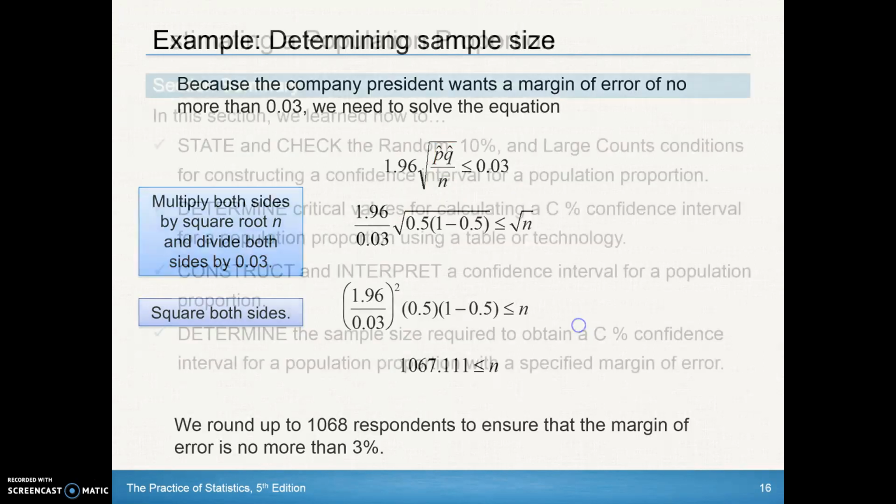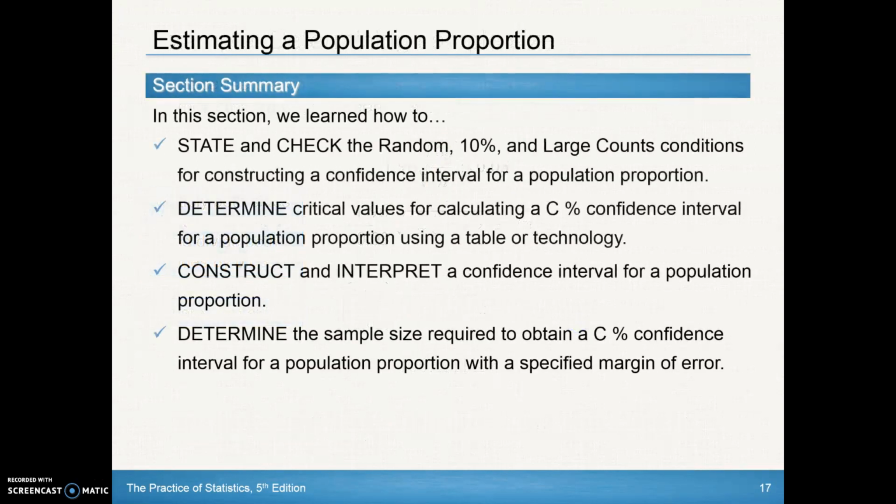Alright? Well, again, in this lesson 8.2, we talked about stating and checking for randomness. In other words, checking that it's an SRS. Checking the 10% condition, which helps us establish independence and make sure that we can use that standard deviation formula, square root of P hat Q hat over N. We can use that.